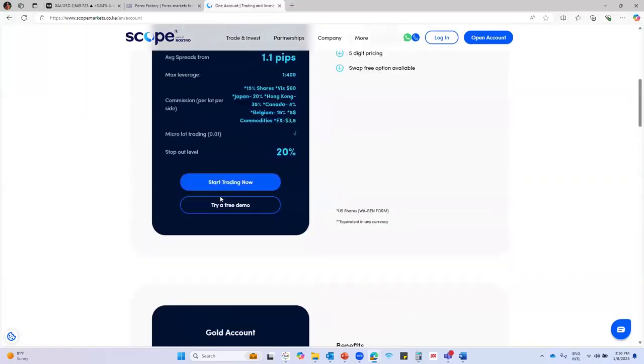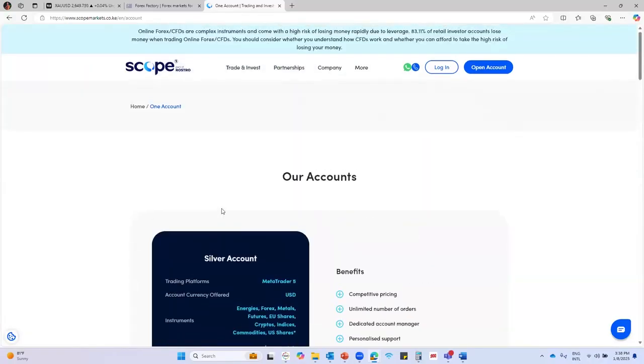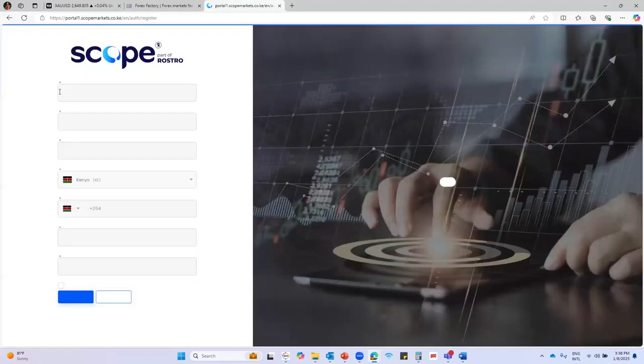Basically, the silver account has no spreads. If I mention that now and I've not told you what spreads are, you might get confused. But basically, to open an account, you just click open account, and then it will bring you to this particular portal.